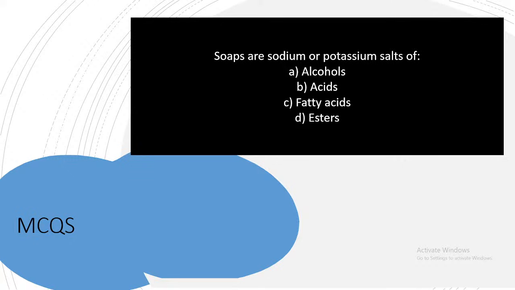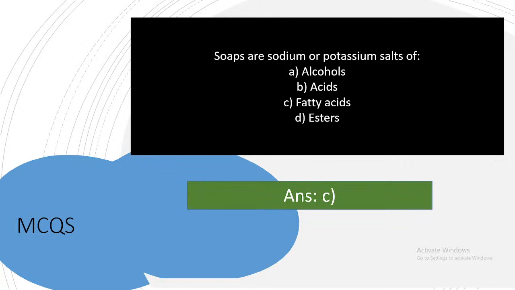Soaps are sodium or potassium salt of dash. This is not esterification, this is saponification. So in saponification, when you prepare a salt, you need a fatty acid. So that's why option C is the correct one.